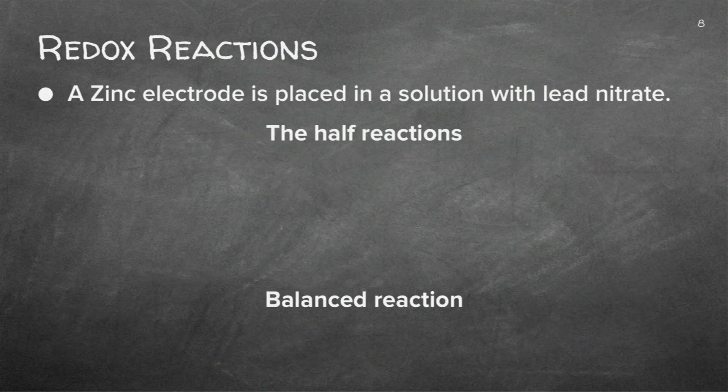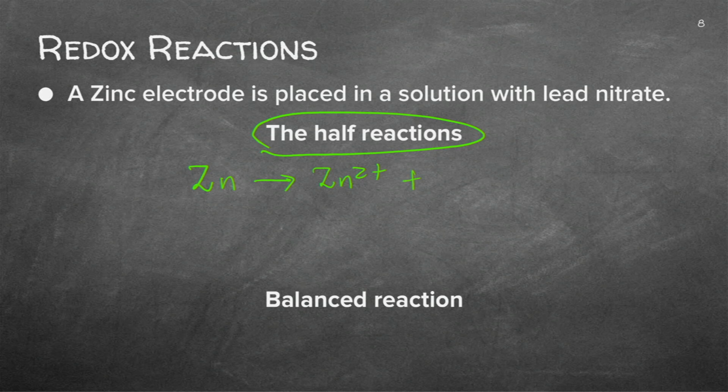In another question, they also asked me not just to identify the 2 half reactions, which we already have. Let's just write them down again. Zinc is going to zinc 2 plus plus 2 electrons, and the Pb2 plus, the lead, is accepting the 2 electrons to become lead.